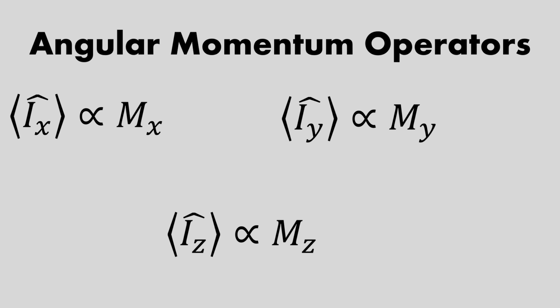But probably you have first noticed a pattern in all this discussion. We have on one side operators that just act on the quantum realm, and then we have their expectation values that express quantities in the macroscopic world, something that we can actually measure.